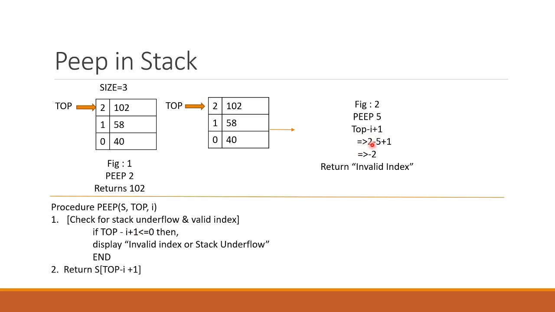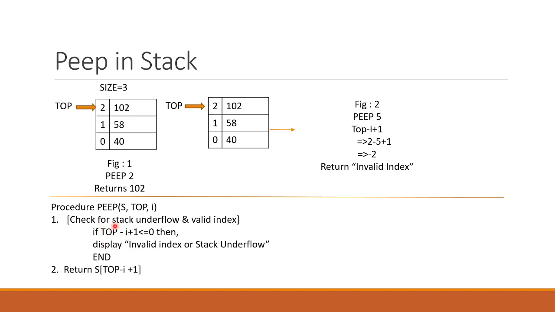Feed the value. The top value is 2. The value of I is equal to 5 and 1. So 2 minus 5 plus 1 gives us minus 2. So here this minus 2 is less than 0. That's why the index is invalid, and this statement would be displayed, that is index is invalid or the stack is underflow, and it would end the peep operation.